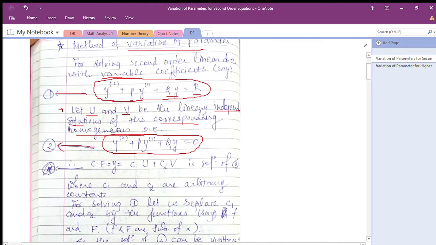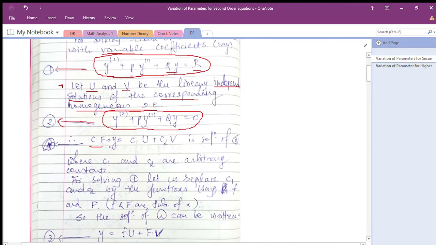Since this is a homogeneous equation, we can write the general solution, or the complementary function, as y = c1 u + c2 v, where c1 and c2 are arbitrary constants. Since it is a second order linear differential equation, we have two arbitrary constants.